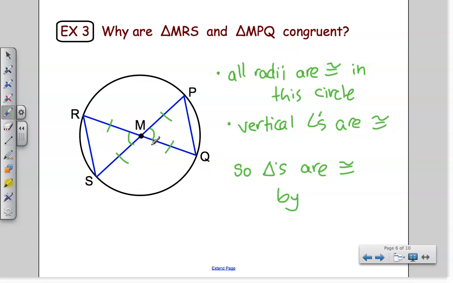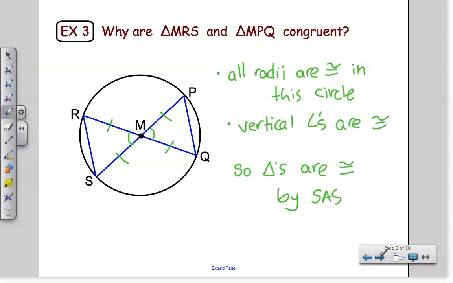Check it out. Side, angle, side. We have the angle located between the two sides, meaning it's the included angle. Side, angle, side shortcut tells us that those triangles are congruent based on the fact that all the radii were congruent, and then we had vertical angles. So another use of side, angle, side.